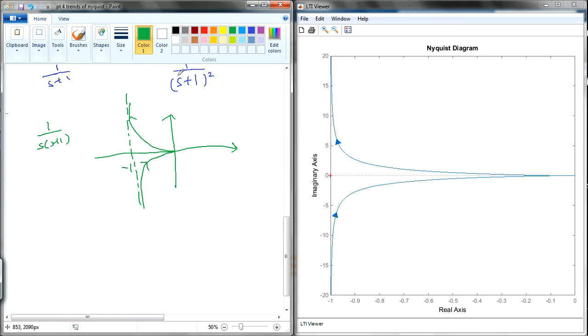So in this case, this is the Nyquist diagram, and this line is actually from 0 to minus infinity, I mean, this is omega equals 0 to minus infinity. And this one is when omega equals 0 to infinity.